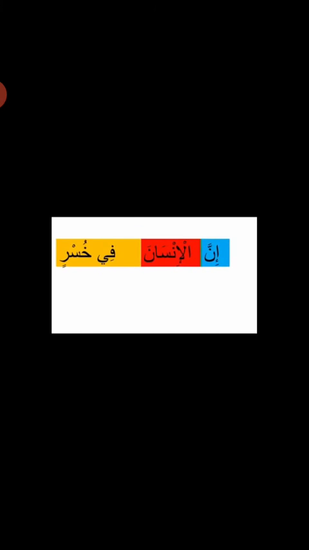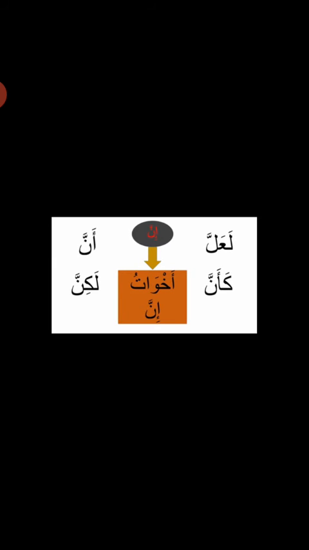So don't worry about that. Understand why it has become khusrin from khusrun. Al-insanu fi khusrin. Now if I put an inna there, it becomes innal insana fi khusrin. So al-insana is the ismu inna, and fi khusrin is the khabru inna.